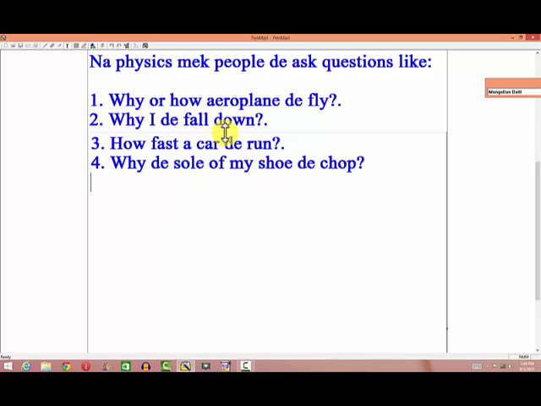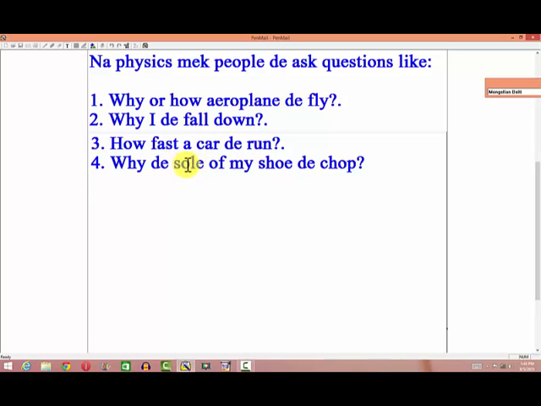Like I said, it all has to do with matter. The airplane flying has to do with energy. Why you fall down has to do with energy. How fast has to do with energy, motion. A car is matter, they run with energy.